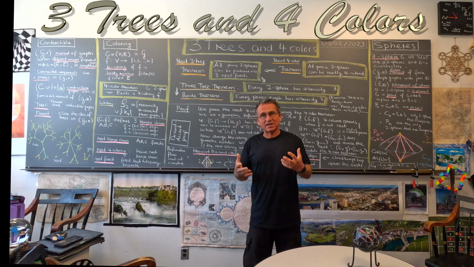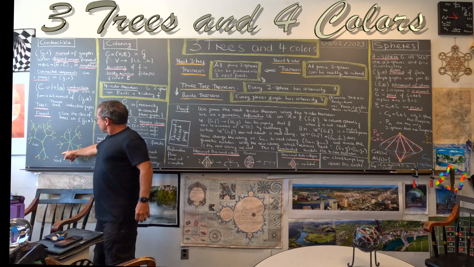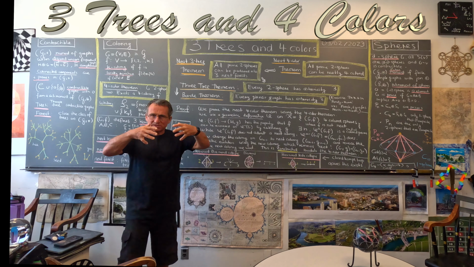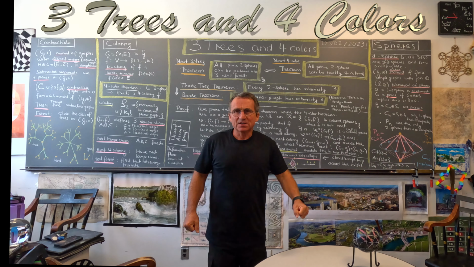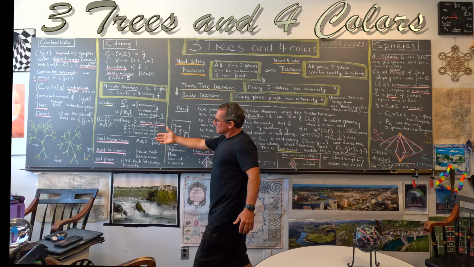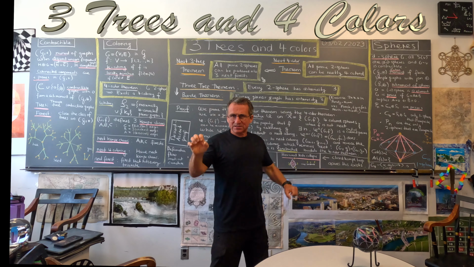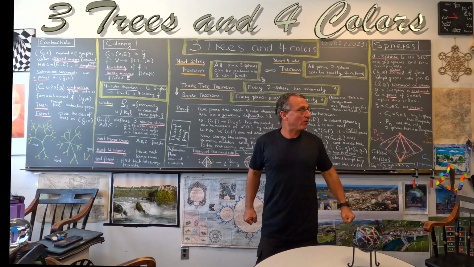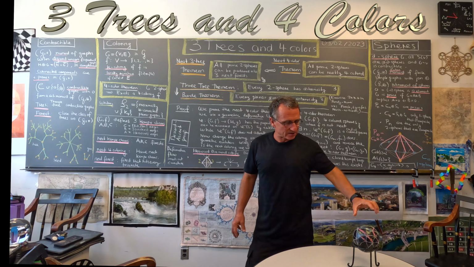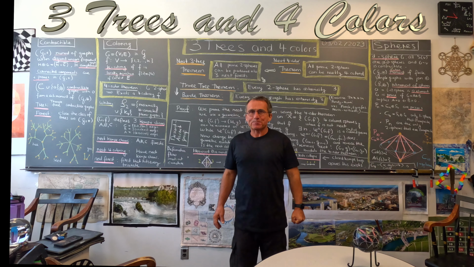Now I have here also a little bit of definitions about trees. Trees are special because they are contractible triangle-free graphs. The individual trees can also be seeds, and then a forest consists of several components. So also these you can see algebraically, right? Trees are kind of the primes in this monoid, where the addition is now the disjoint union and not the join. The 3-tree theorem tells that for a 2-sphere, the arboricity is exactly 3.